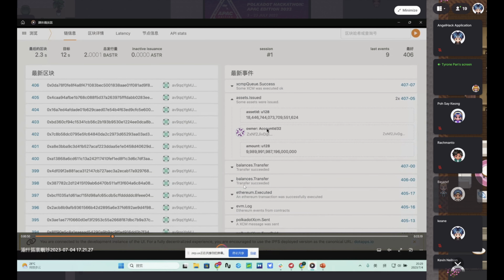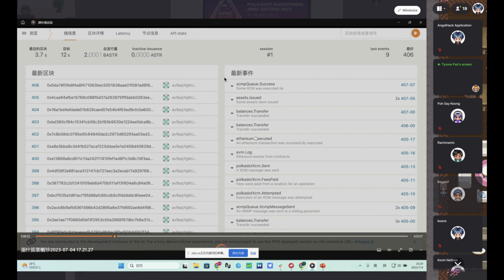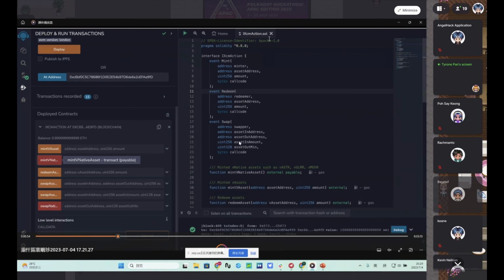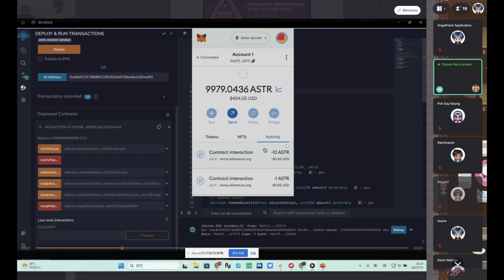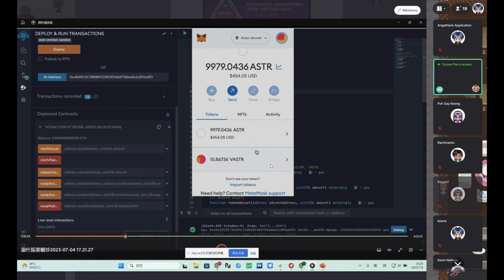All right, on the Astar side, there's also a message that the vASTR has been issued on Astar. Okay, we get back and check the wallet. This is the status where the transaction hasn't been executed.